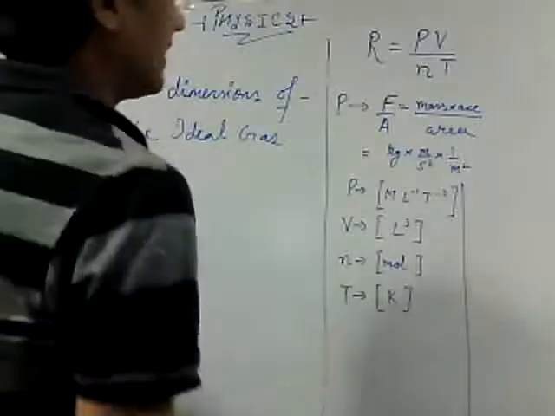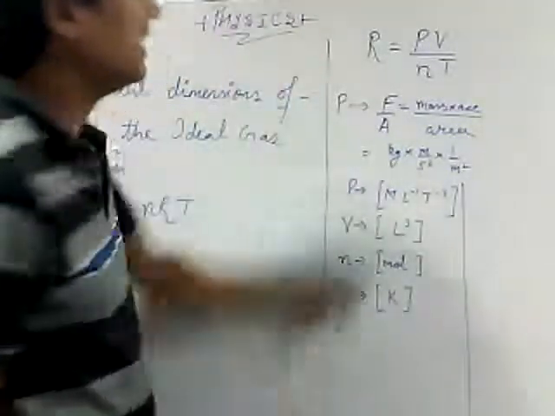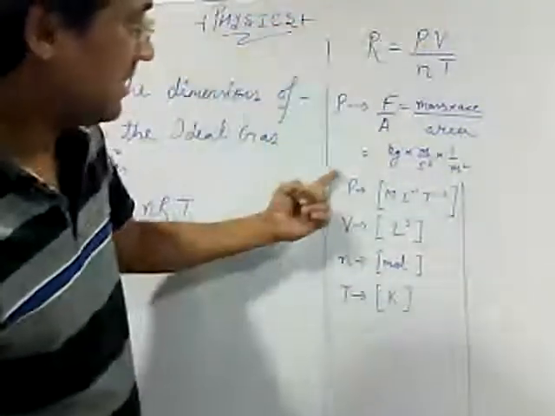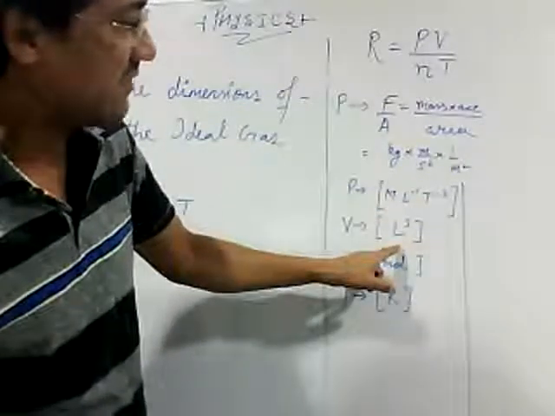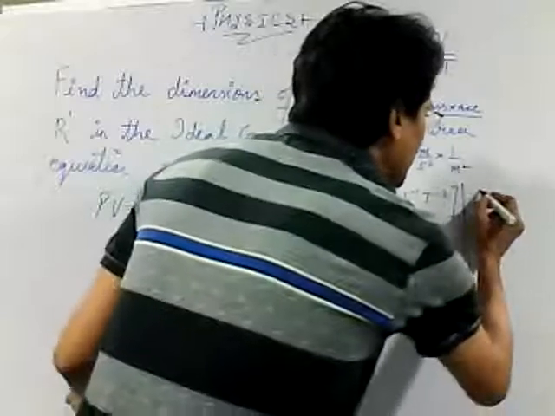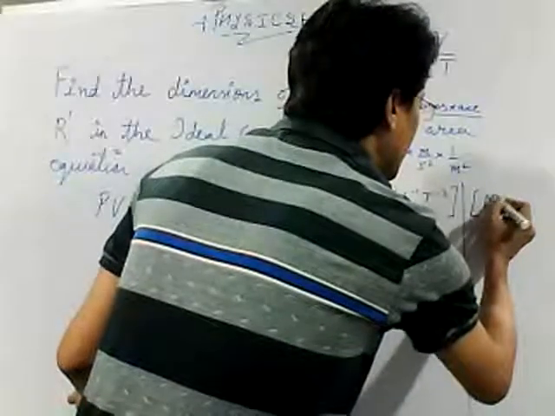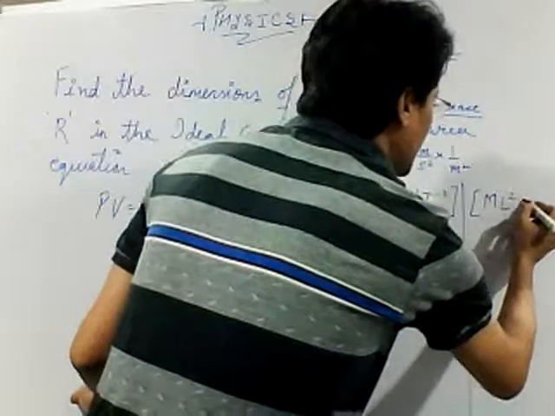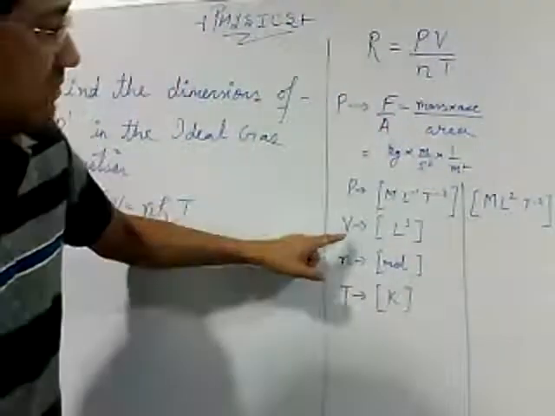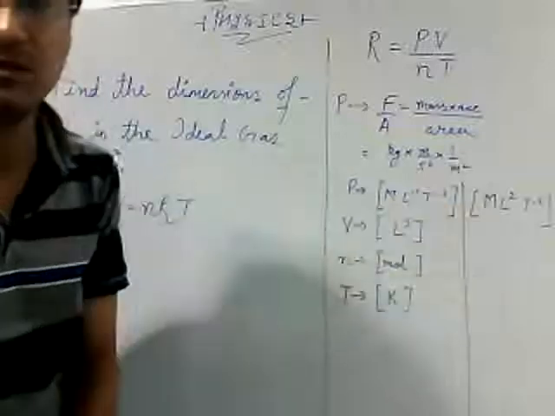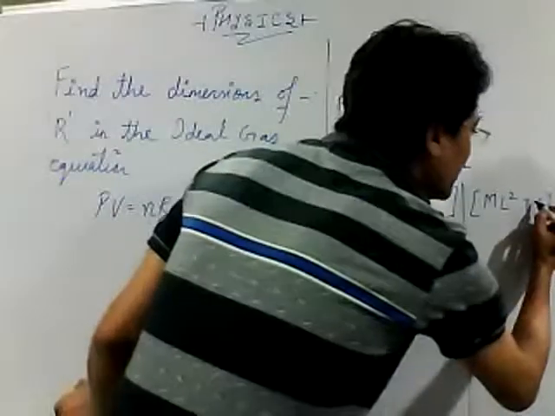Okay, I will start. P into V. So PV, P multiplied by V. So M L minus 1 T minus 2 multiplied by L3. So I get PV as M L2 T minus 2. Then divided by nT.